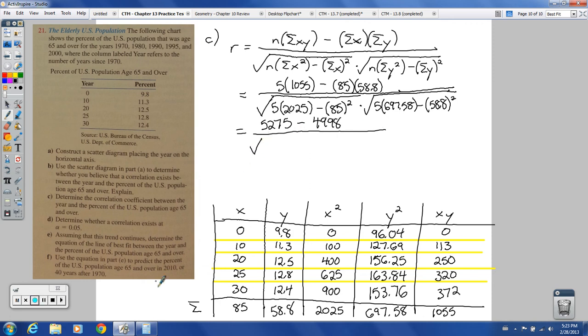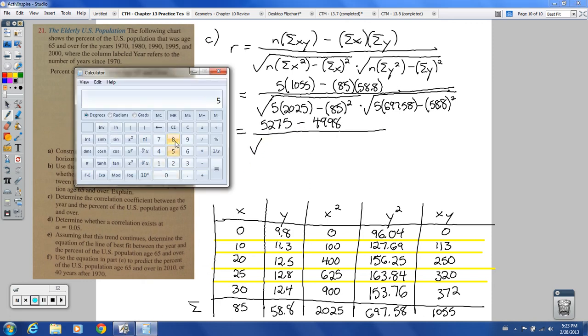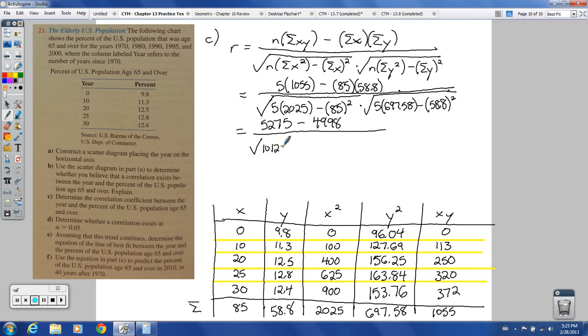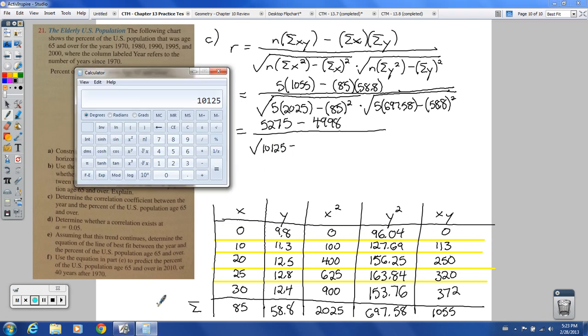This would be this part, 5 times 2025, that's 10,125, and then that minus 85 squared, 85 times 85 is 7,225.